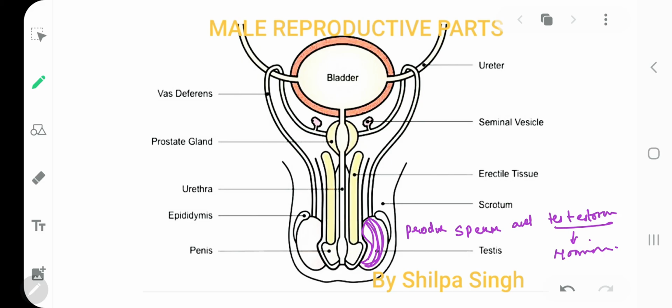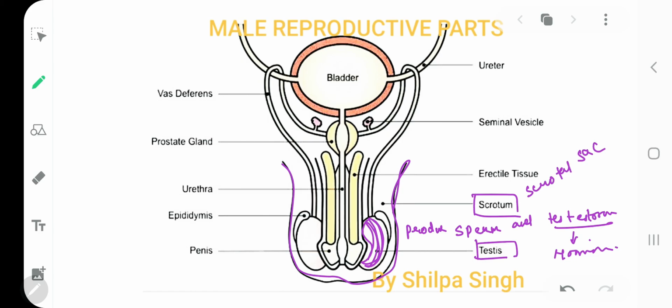Then we will see where these testes are located. The testes, if you notice, are located inside a very thin layer of skin that is known as scrotum. You can also call it the scrotal sac.